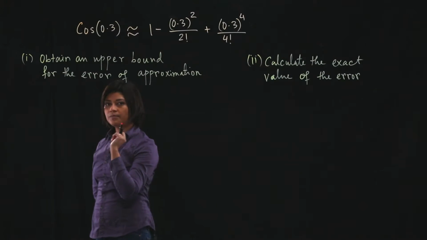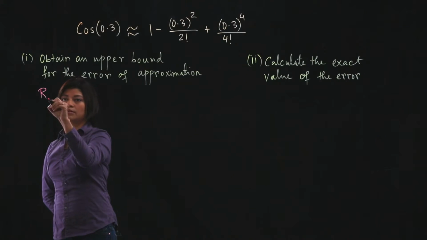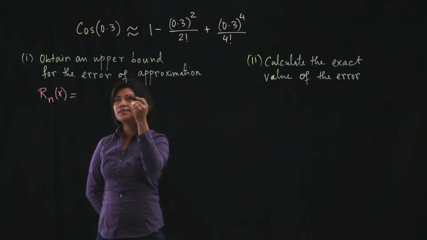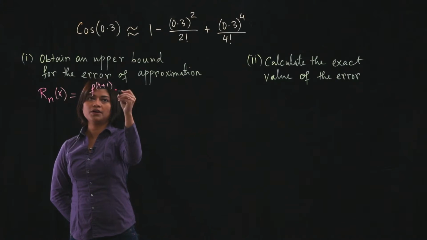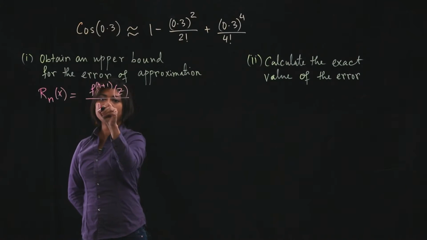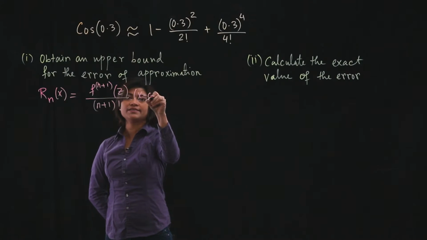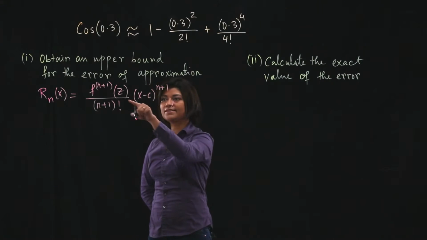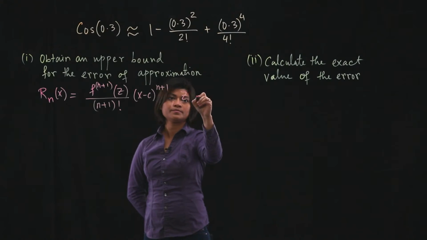Recall, from Taylor's theorem, we can figure out the remainder, or R_n(x). The formula is the n plus 1th derivative of the function evaluated at z, divided by n plus 1 factorial, times x minus c to the power n plus 1, where z lies between x and c.